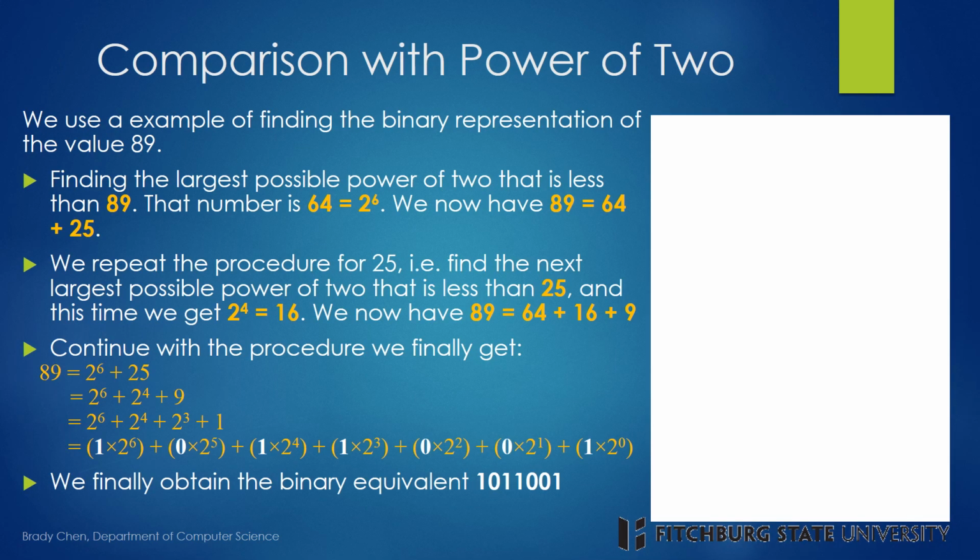So now let's take a look at the first approach, the comparison with power of 2. First we use the example of finding a binary representation of the decimal value 89. So let's see, we have a number 89.